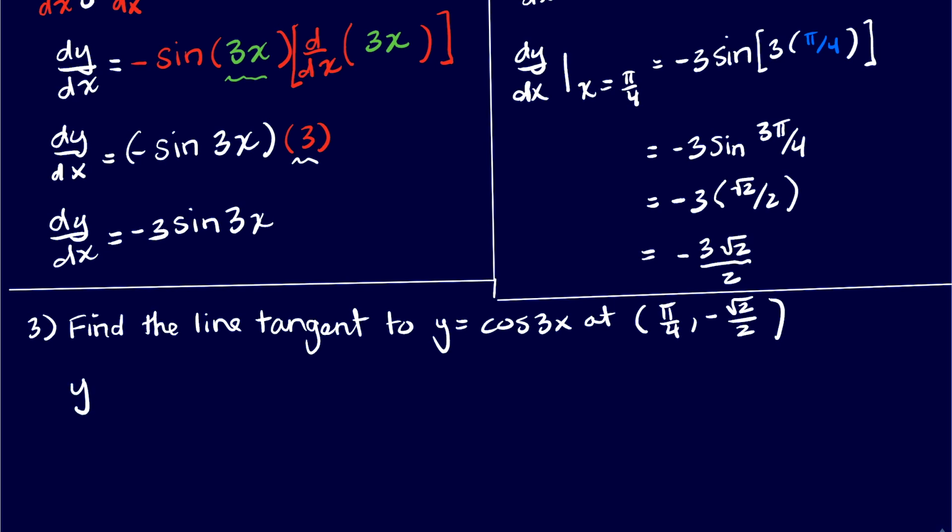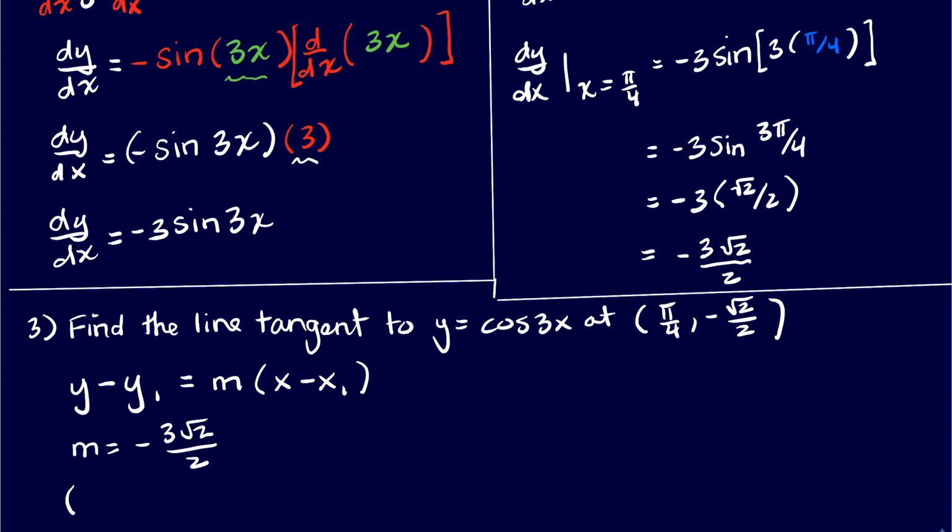In general, remember that we can find the equation of a line by doing y minus y1 is our slope times quantity x minus x1. So our slope is negative 3 root 2 over 2.